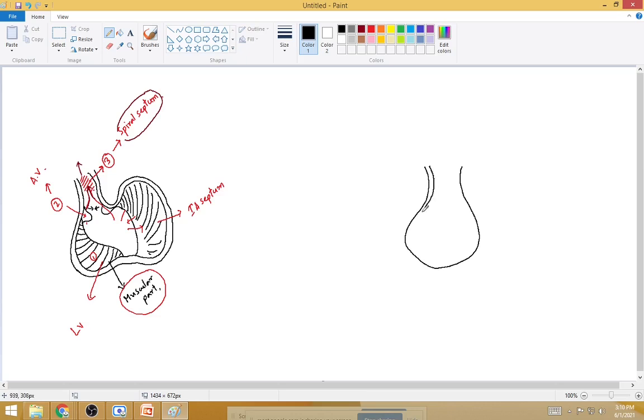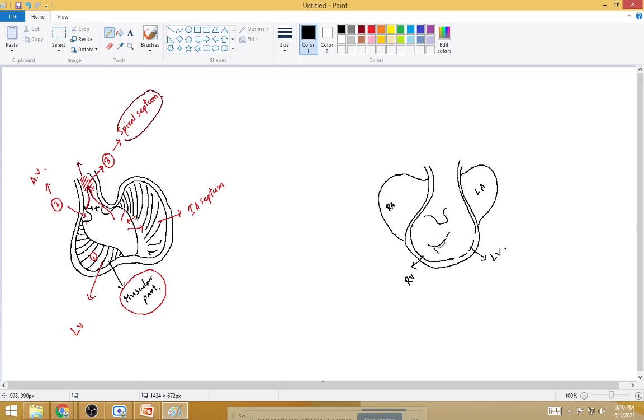Okay, I'll try to draw as far as possible. This is the right ventricle, this is the left ventricle. They are communicating with the respective septa. So here is the endocardial cushion.